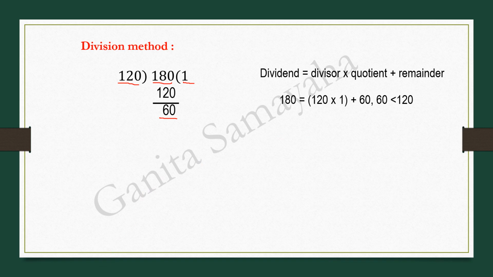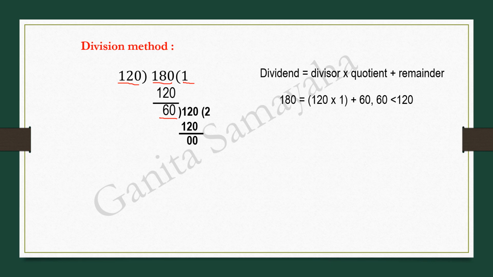And then what did we do? We divided it further. That is, this 60, the remainder, became the divisor, and this 120 became the dividend now. That means we are going to divide by 60. Which number are we going to divide? The previous divisor.